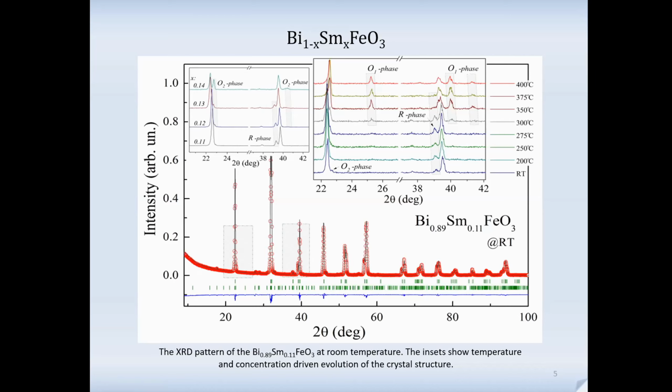Why? Because when we start to heat the sample up to some elevated temperature, like 400 on the Celsius scale, we found that the crystal structure, which we considered at room temperature as two phases, becomes a single phase. So we have to keep in mind that there is no ionic motion, and there is no change in chemical composition.